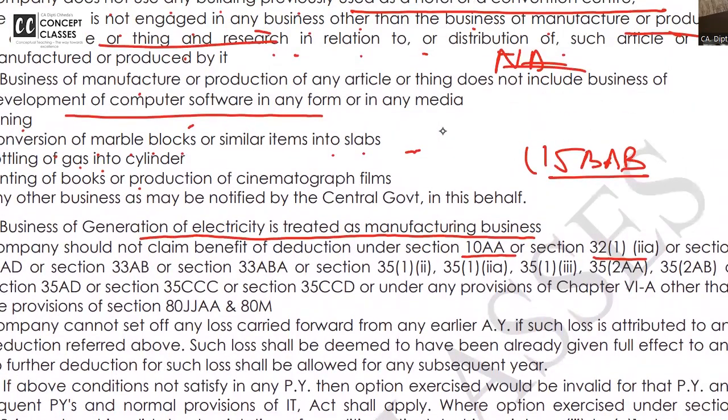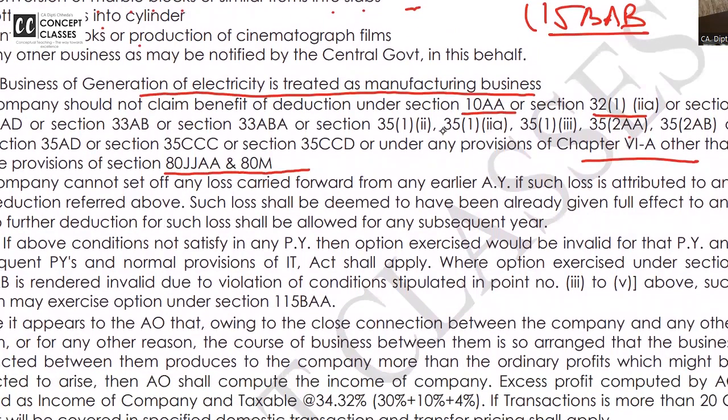So company should not take all these and chapter 6A deductions. This time only 80 JJ and 80 MS allowed. Company cannot set off any losses of earlier years related to these deductions. If above conditions are not satisfied, then option exercised would be invalid and normal income tax would be payable.